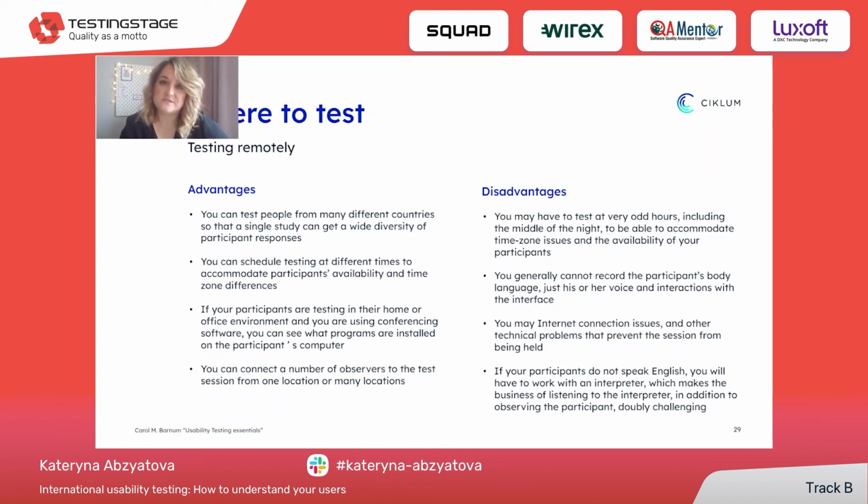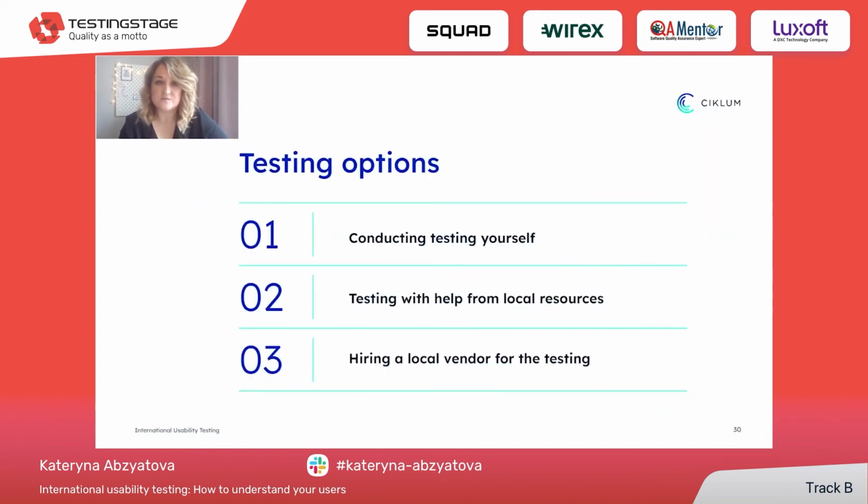There can be some internet problems, some technical issues appearing during the session. And sometimes you need an interpreter or translator to understand what they say, especially with non-English speakers. We also have testing options: you can conduct testing yourself.